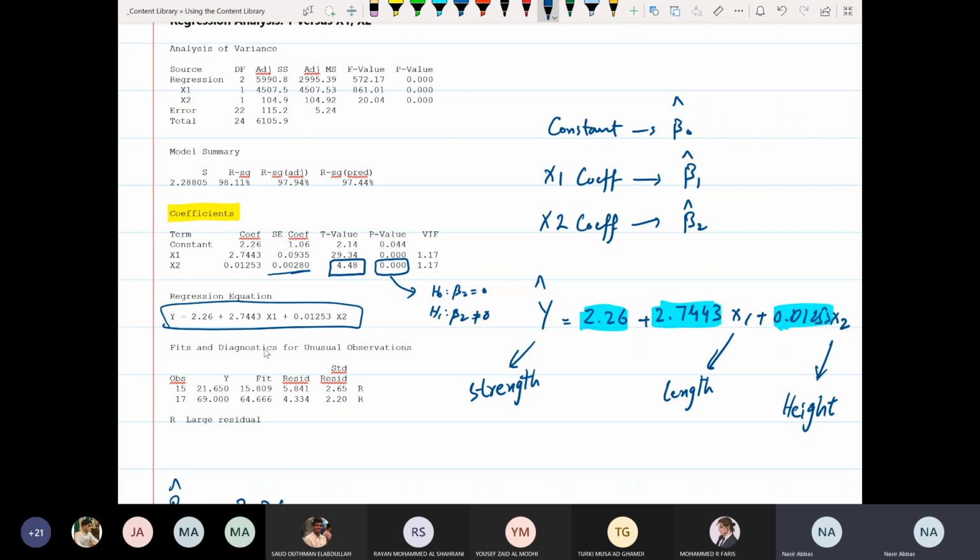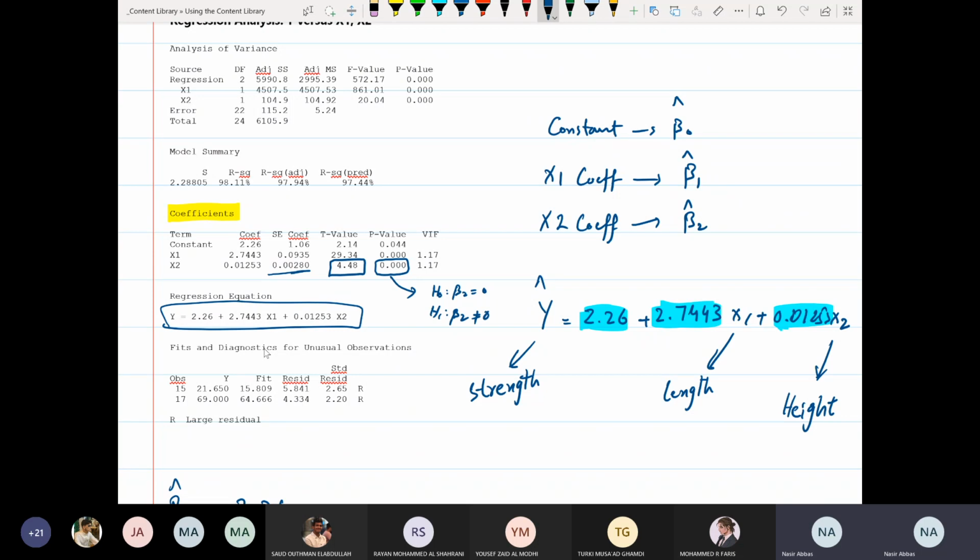If the p-value is small, you reject H0, and when you reject H0, you are indirectly saying that beta 2 is not equal to 0. And if beta 2 is significantly different from 0, that means the variable is significant. Similarly, what about x1? Also a significant variable. It is statistically significant, so it should be kept in the model.